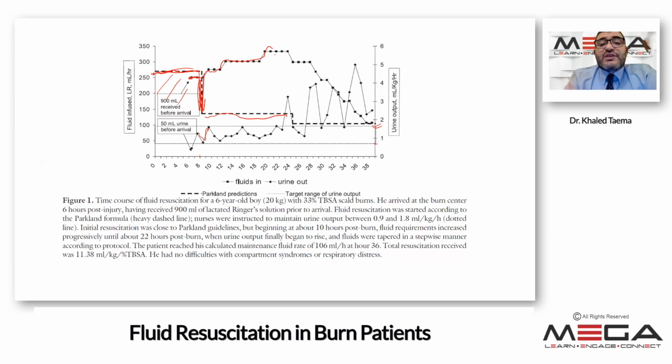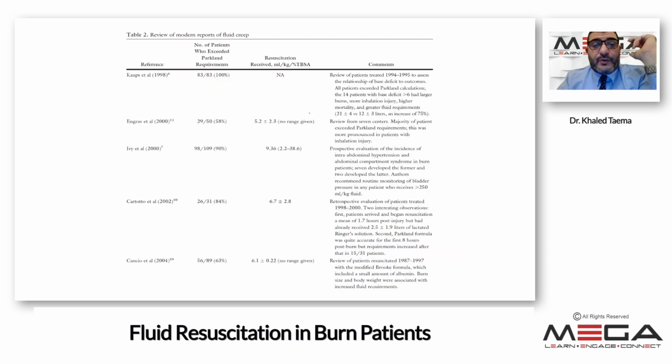And in response to this increase, there was increase in the urine output, and only the volume of resuscitation decreased in a stepladder manner when the urine output exceeded the target urine output assigned by the publishers. All this volume is considered as over-resuscitation, and this is what's called the fluid creep.